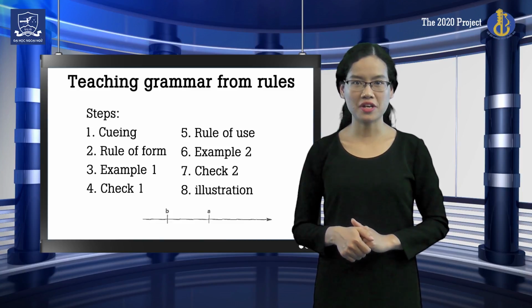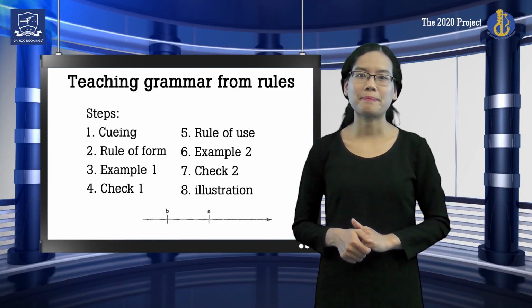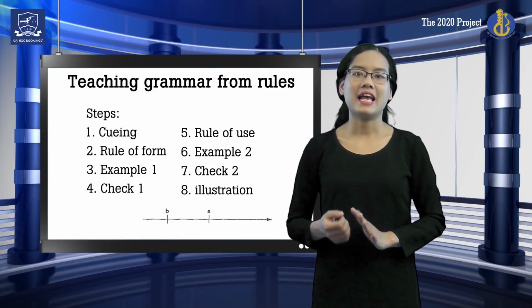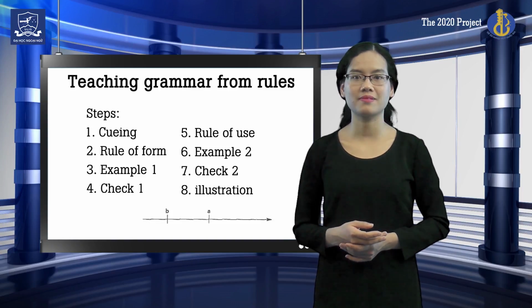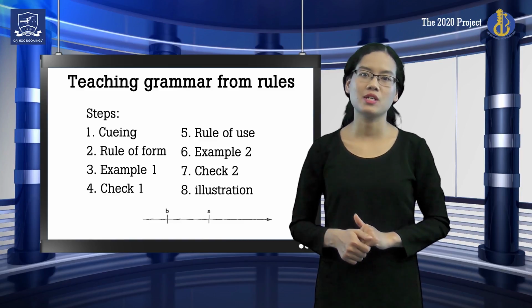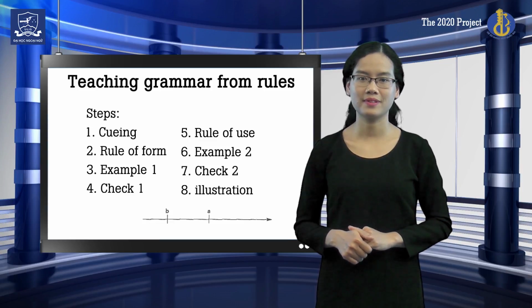Next, the teacher gives the rule of use. Teacher says, it is used when you are talking about the past and you want to refer to an earlier point in the past. Teacher then provides examples to make it clear and understandable to students.